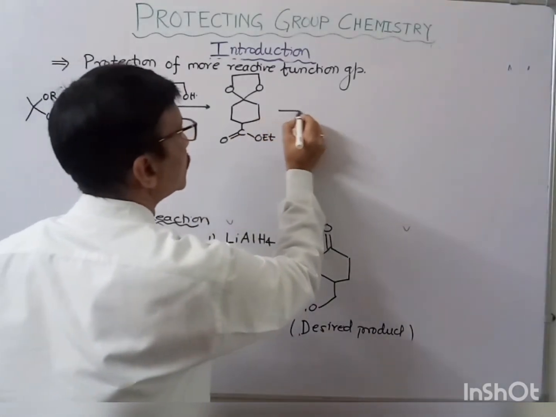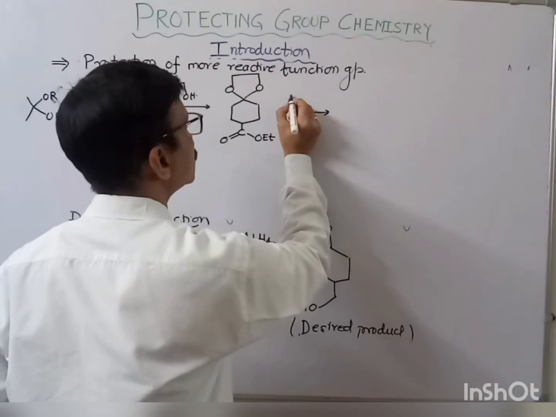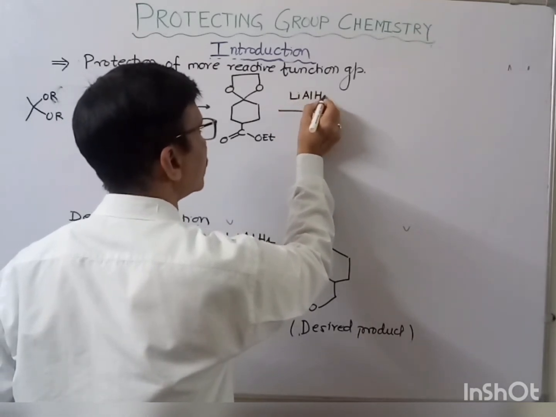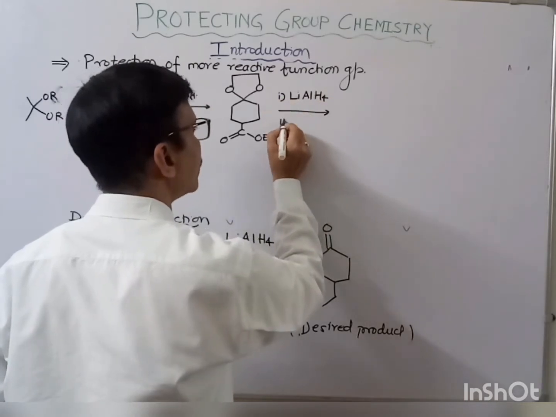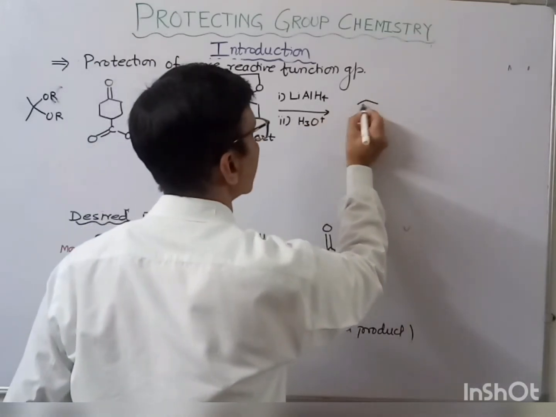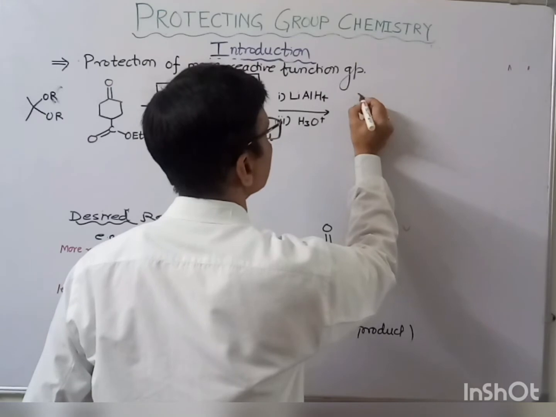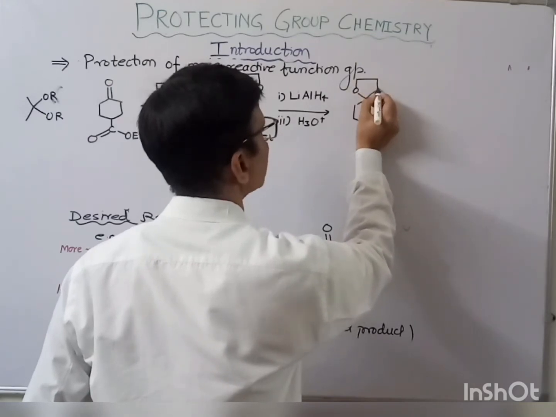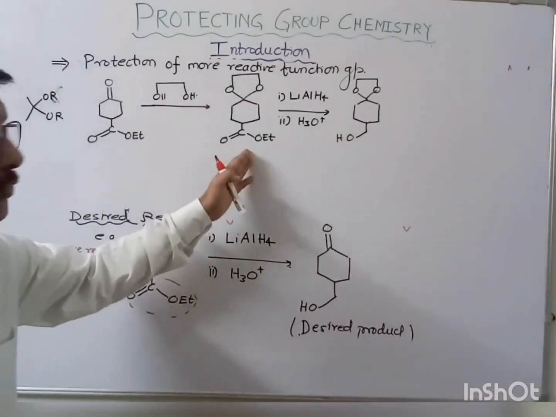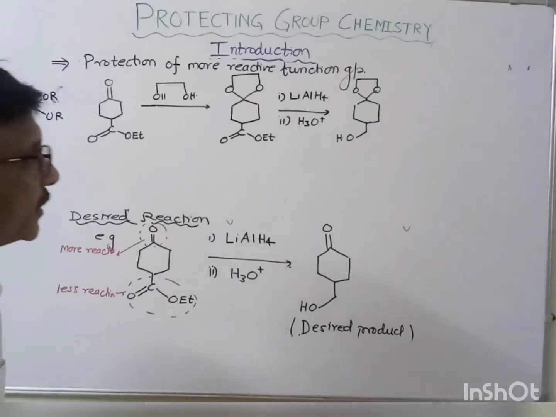Suppose we reduce it by using lithium aluminum hydride. We add this reducing agent, followed by acidic hydrolysis, and the ester will be converted into primary alcohol after reduction.